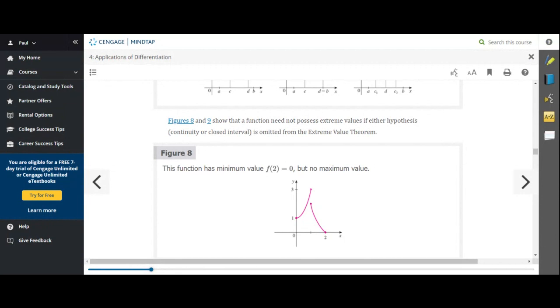Thank you. So what's going on here? f of 1 equals 3 is not a maximum value? Why not? Does f of 1 equal 3 in the picture? Why not, Sebastian?